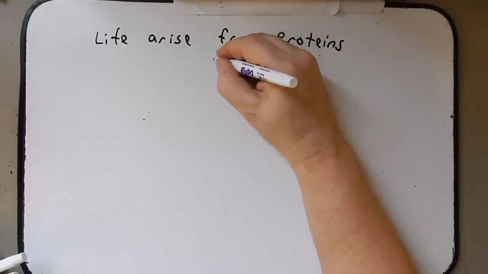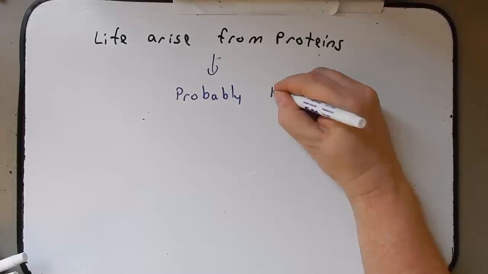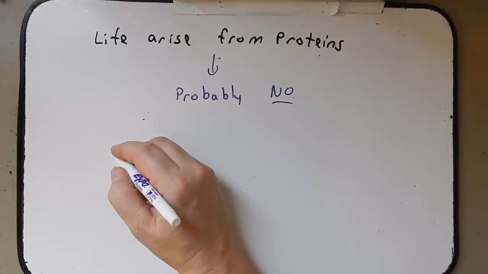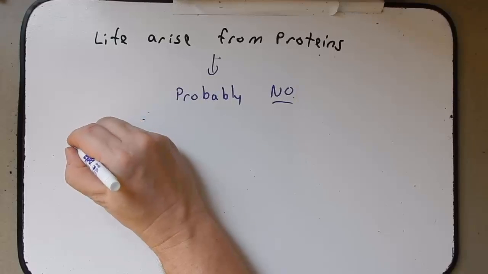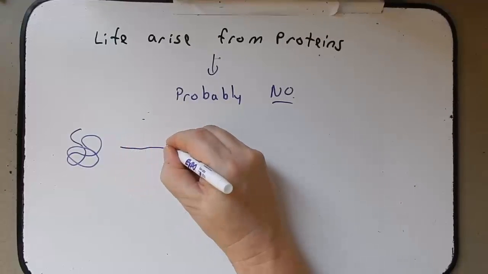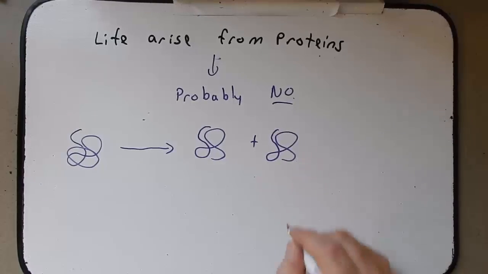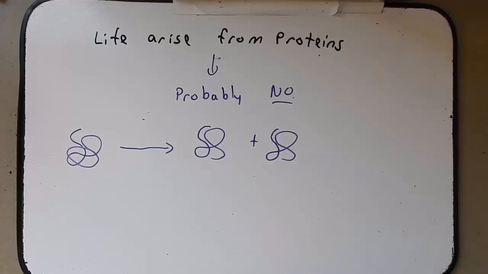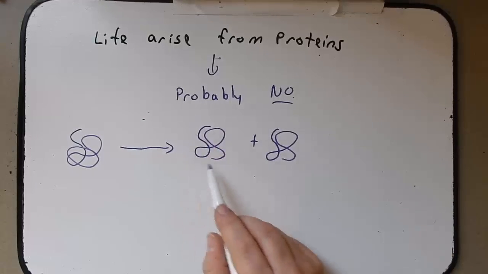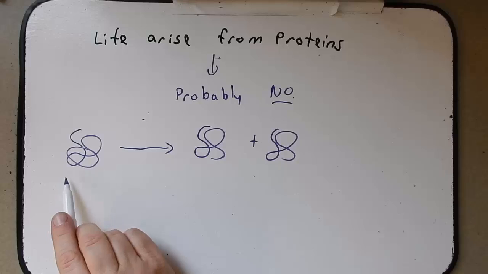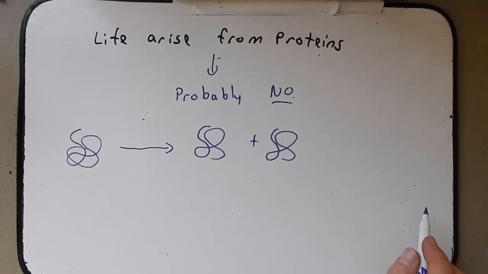And the answer to this question is probably no. And the main reason for that is that whatever this first molecule of life was, if it happened to have been proteins, there would have to have been a way for this one protein to replicate itself and make two identical proteins. With every time a cell divided, it would have to make an exact copy of it. There's no evidence in current life or in past life that proteins have the capacity to do this.